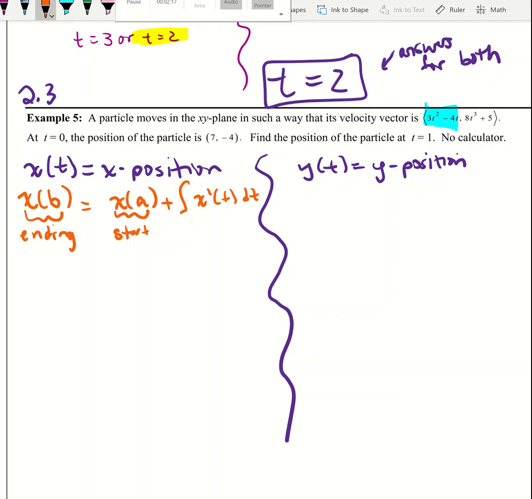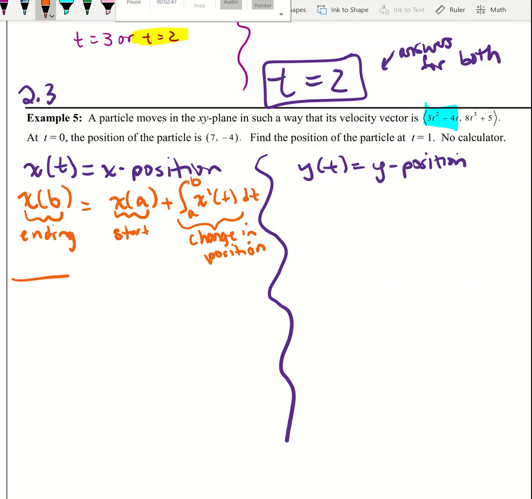What happens here is if I undo the velocity with the integral, over a definite integral from my starting to my ending position, this will tell me the change in the position. It'll undo the velocity to go back to position. And since I'm doing this over a definite integral, I would be subtracting the positions, which will give me the change in position. So if I know where I'm starting, and I know how the position's changing, and I combine that, I can find out where I'm ending.